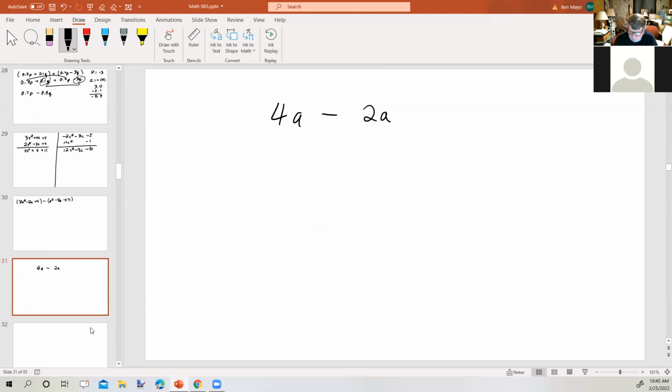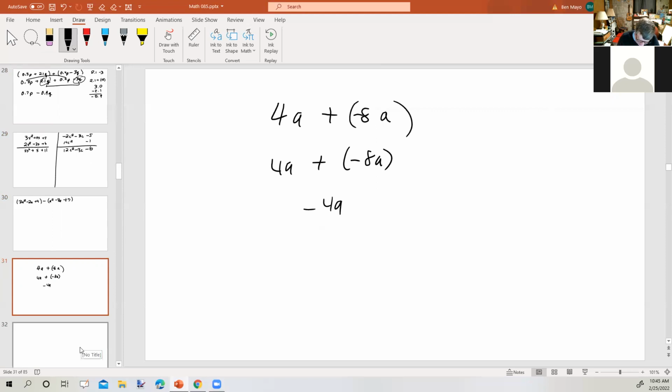Again, going back to arithmetic, let's make this a bigger number, okay? We've learned that you can change subtraction to addition of the opposite. So you change subtraction to addition, and then you take the opposite of the number inside. So then again, we get negative 4a.